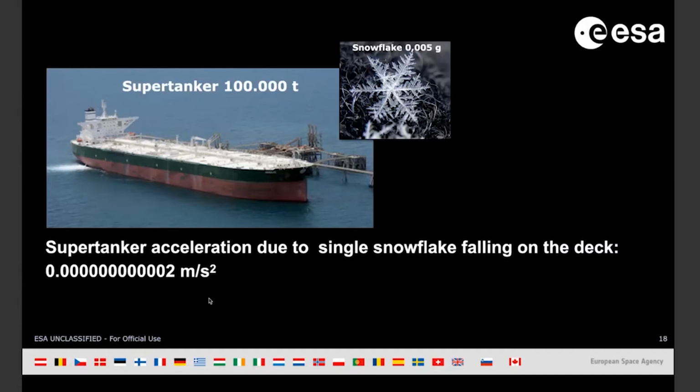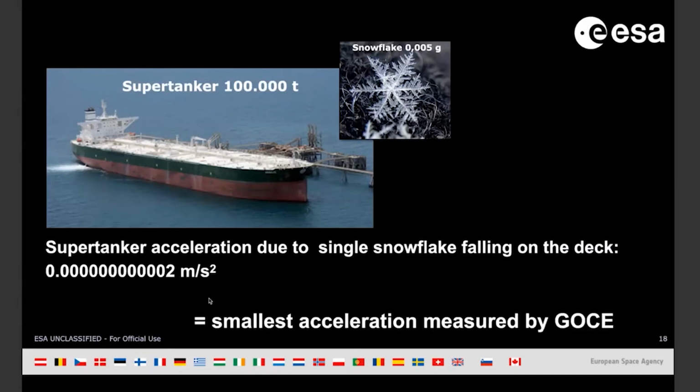And this is exactly the smallest acceleration that was measured by the GOCE satellite and the sensors on board. So by principle, building these two scales that are able to make difference measurements of gravity, though the principle is very simple, the execution of it is extremely complex.